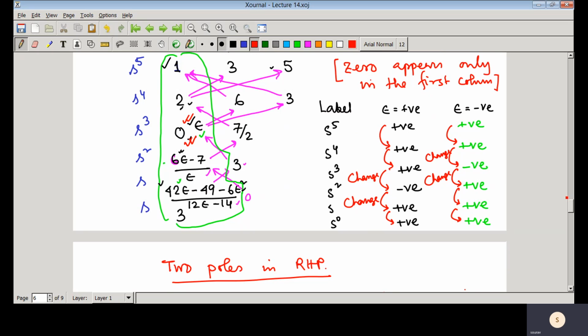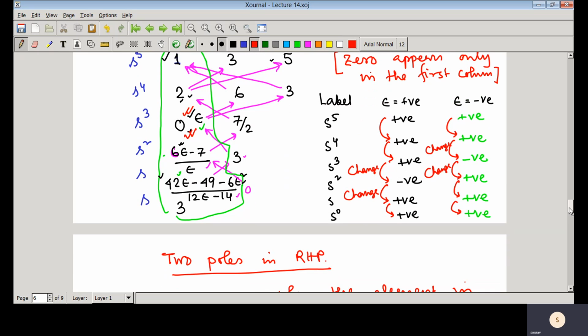Then we look at the first column of that Routh table and check the number of sign changes, and the number of changes is equal to the number of poles in the right half of the S-plane.